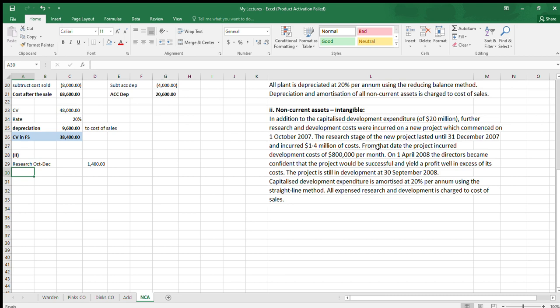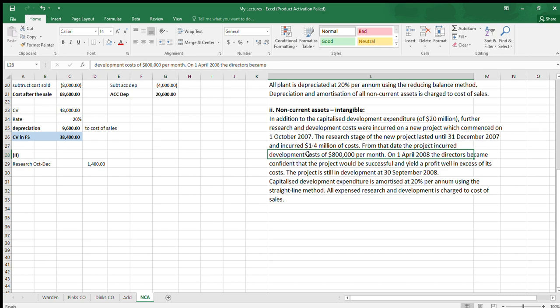Now, from that date, the project incurred development cost of 800,000 per month. So from that date, meaning that the research lasted for 3 months, October to December, from 1st January, the project incurred development cost of 800,000 per month. That doesn't mean that it should be capitalized.